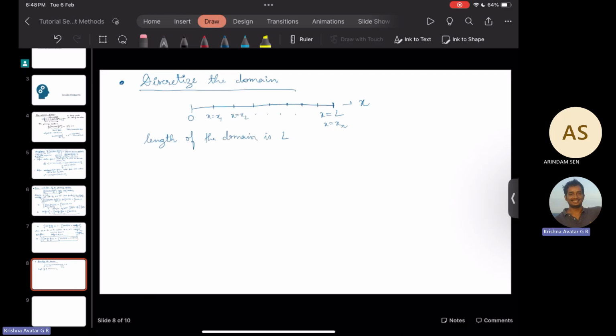Fine. Now what we do is we break it down into segments, or what we call elements, of equal width.